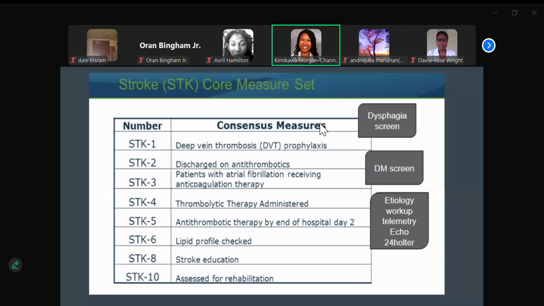All right. They should be discharged on antithrombotics. Antithrombotics means clopidogrel or aspirin. Now, from the POINT trial and the CHANCE trial, there is a subgroup of people who have, note what I'm saying, a small stroke, a very low NIHSS score, less than 4. And usually in these studies, they had intracranial vessel imaging.